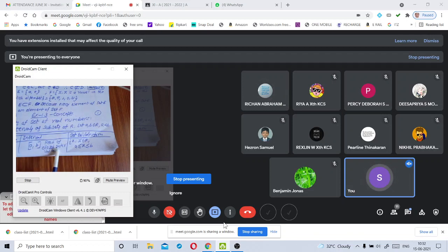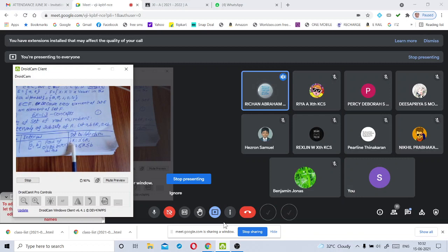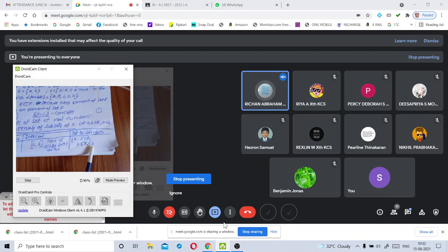Again, no need to write these sentences. Set of all x such that x belongs to R, real number, comma, A is less than or equal to x, less than or equal to B. Read this continuously: A is less than or equal to x, less than or equal to B.